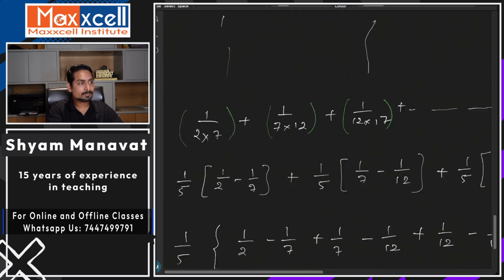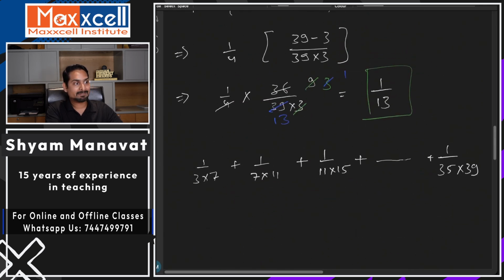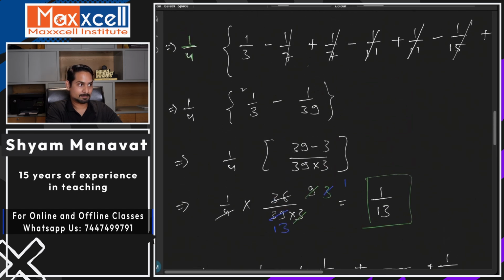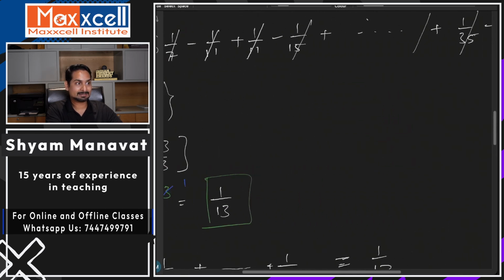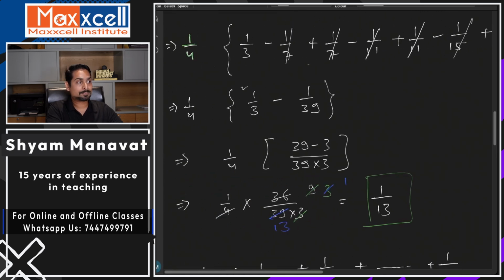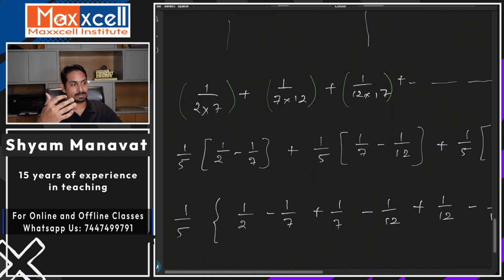So, if you understand the previous question, I hope you realize that when we do it, we get the first term 1 upon 13 and the last term remaining, that's minus 1 upon 39. But here in this question, it is going up till infinite, right?